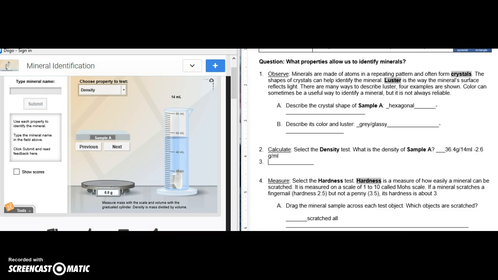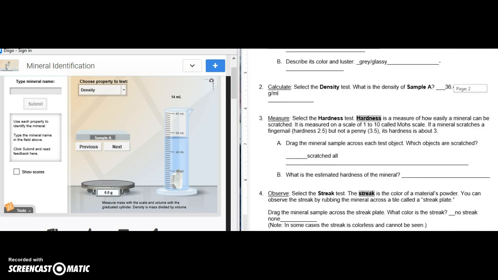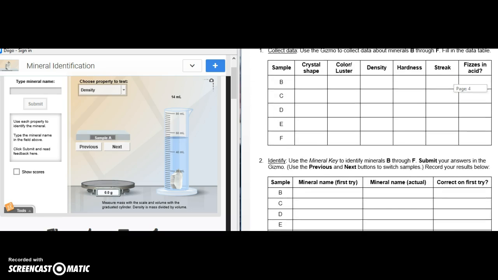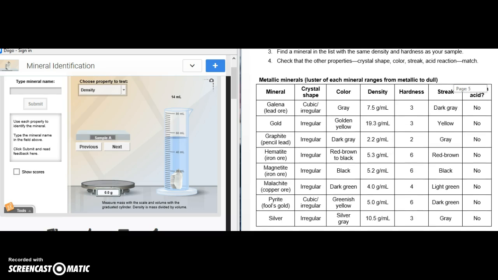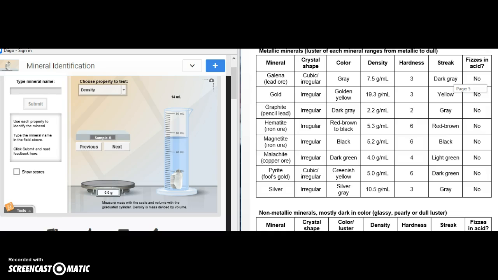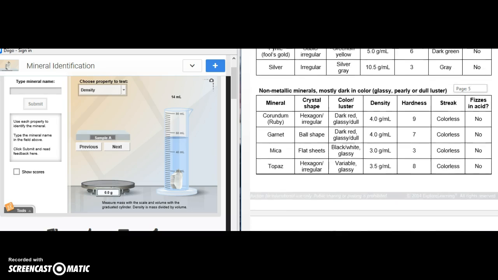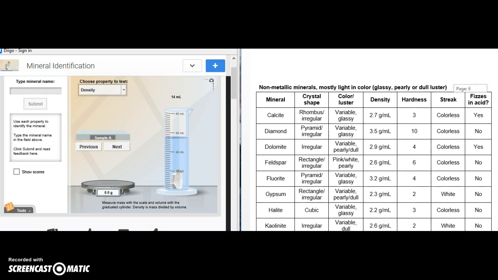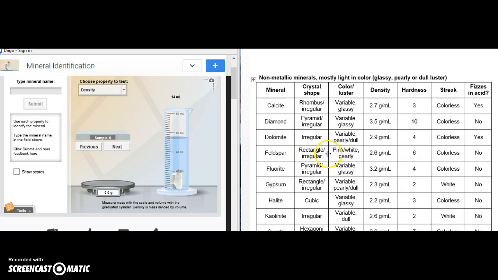So we're going to start comparing these values to the known ones. So far, if you go back to the key, we have something that's a hexagon. It's kind of clear and glassy and has about 2.6 grams per ml. So right now we can see maybe it's not pink, something with a 2.6.